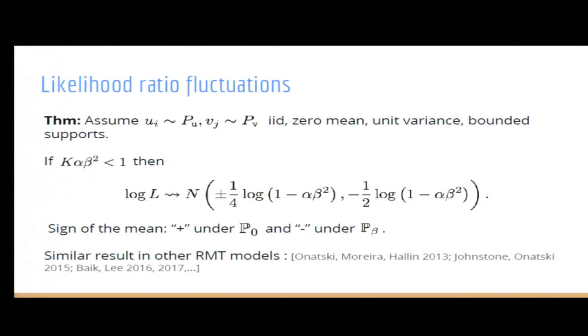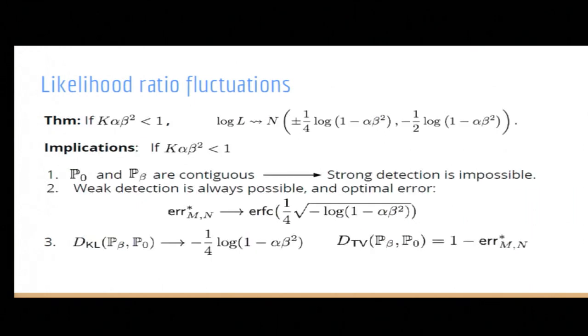Similar results were also studied in random matrix theory by these people. Okay, so implications: if this condition is true, then the null and the alternative are contiguous, meaning they're indistinguishable in the limit. So strong detection is impossible in this regime.